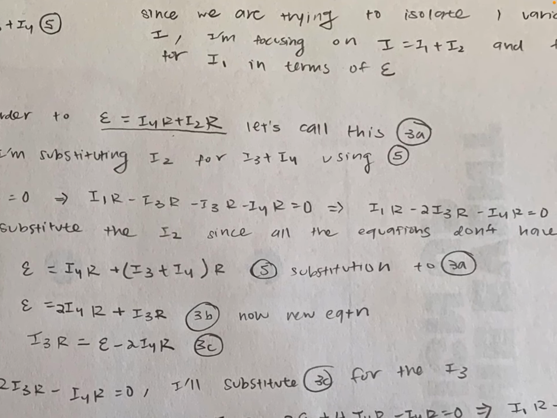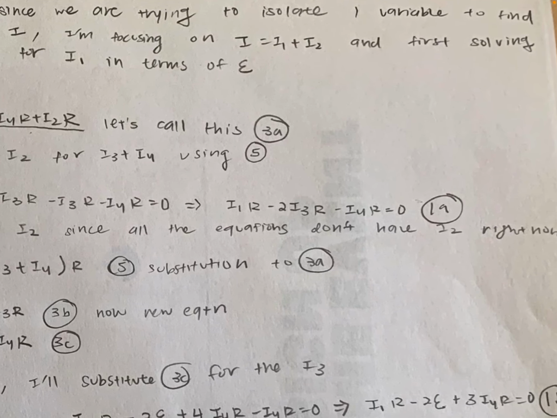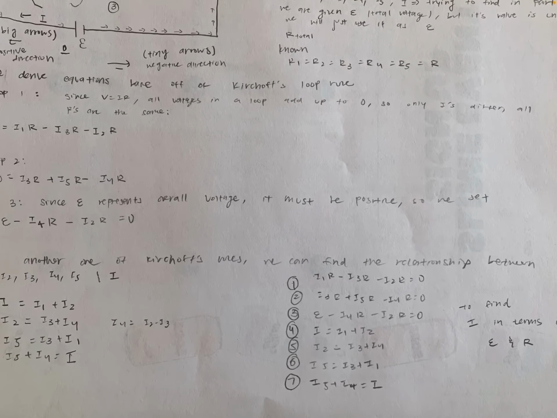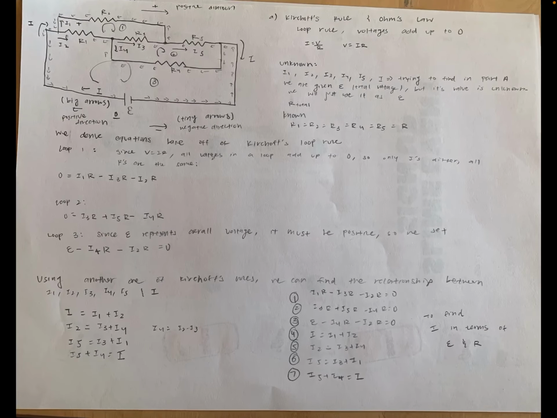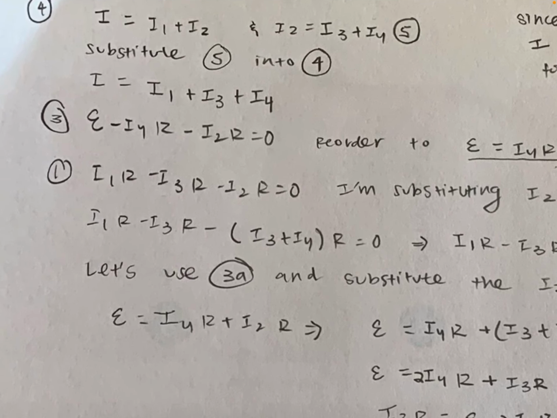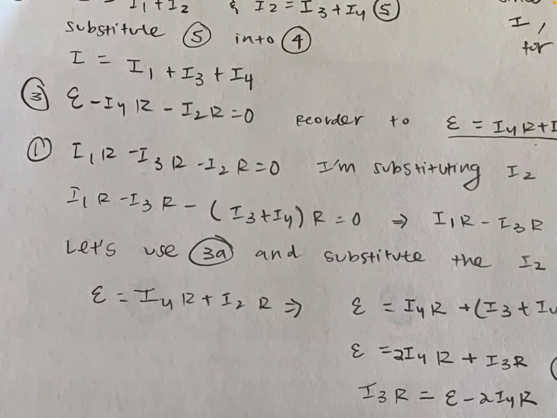Since we're trying to isolate one variable to find I, we're going to first solve for I in terms of E. We're going to substitute I2 because it's in a lot of the equations, and I'm going to first try getting rid of it. So I2 is equal to I3 plus I4. We substitute 5 into 4 and get I equals I1 plus I3 plus I4.